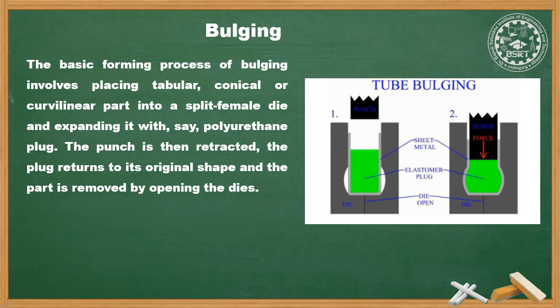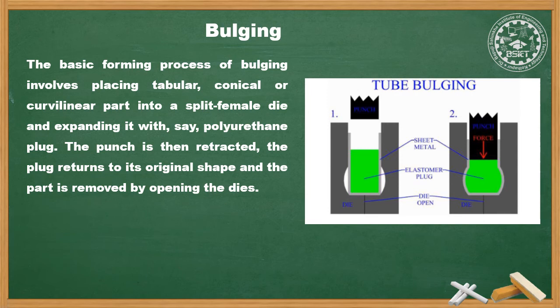There are different metal bulging techniques employed in the manufacturing industry. One main group of processes uses an elastomer plug, usually polyurethane. This plug is placed within the tube. Pressure is applied to the elastomer plug as shown in the figure, causing it to bulge.